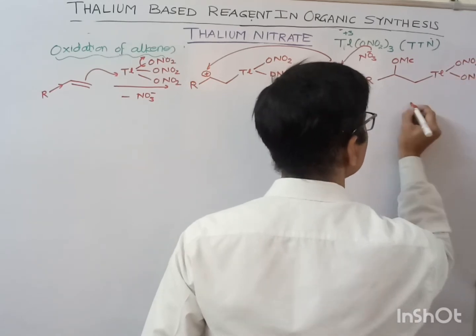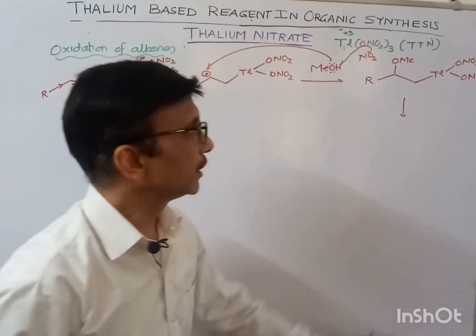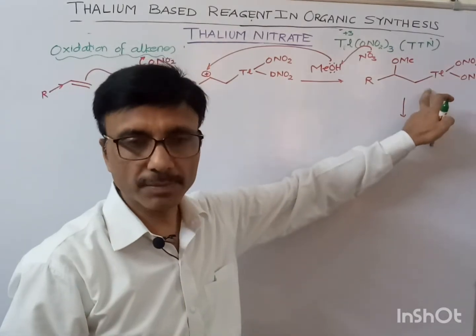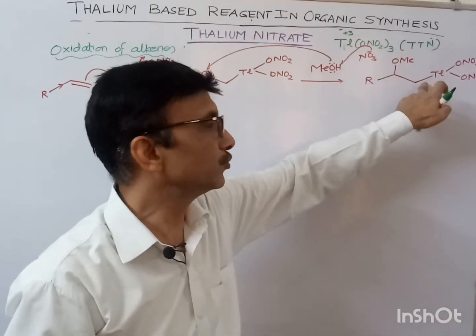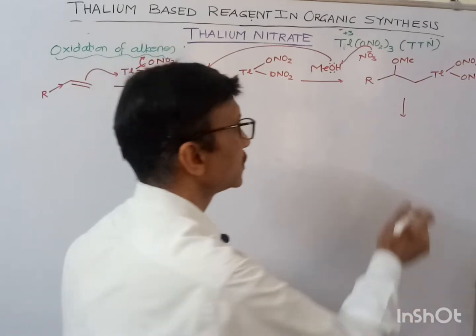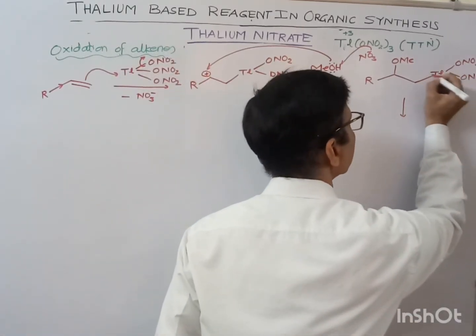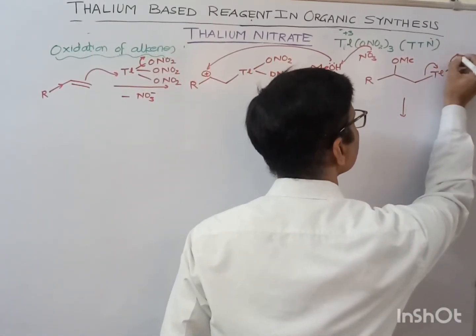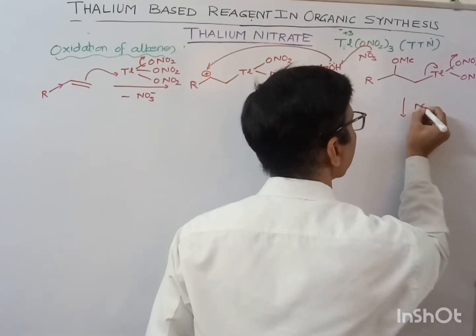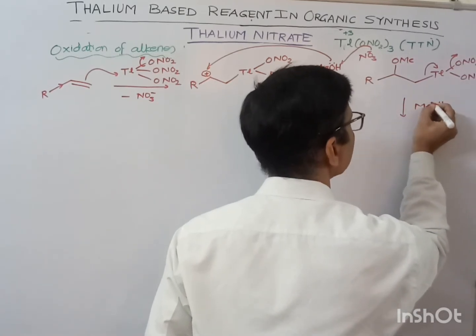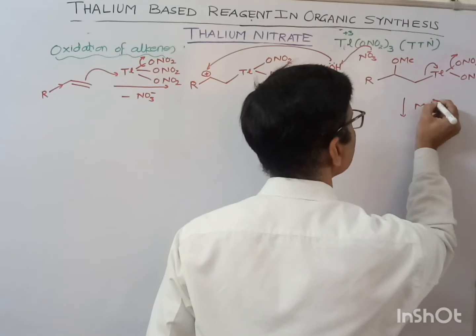Now what I told you, this thallium carbon bond is a weak bond due to the large electronegativity difference, so this bond will get broken. Another molecule of methanol can add over here.